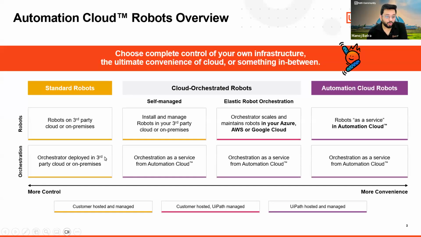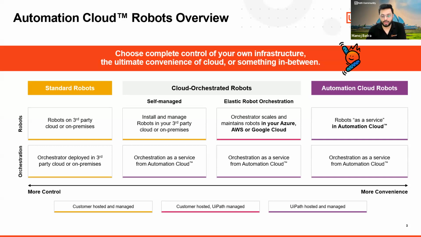So as you already know, we have different types of services available within UiPath. You have your on-prem services where you can deploy robots within your environment and manage everything at your end. Along with that, you have automation cloud, with both self-managed and elastic robot orchestration, where you either install software on your system or you ask UiPath to do that, and everything is managed from the cloud, be it your Azure, AWS, GCP, or your internal cloud.